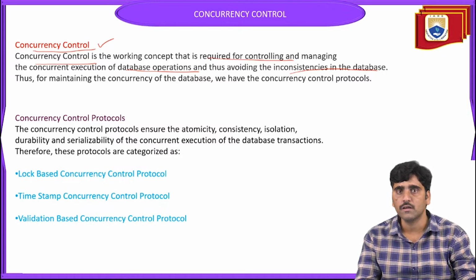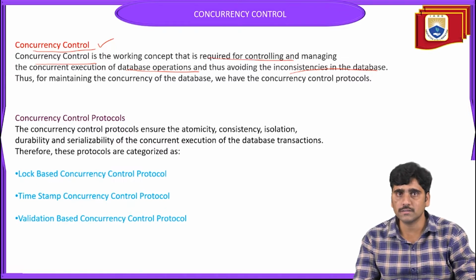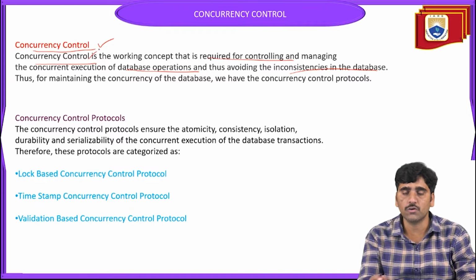That means whenever you are performing transactions, all the transactions are going to be executed at the same time, but executing at the same time leads to inconsistency of the database. To avoid that, we are going to implement this concept.